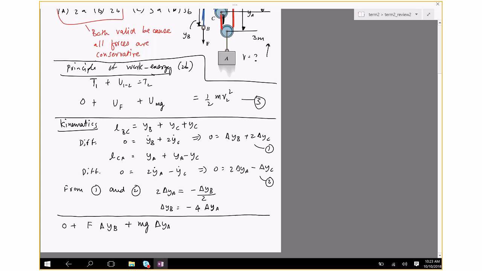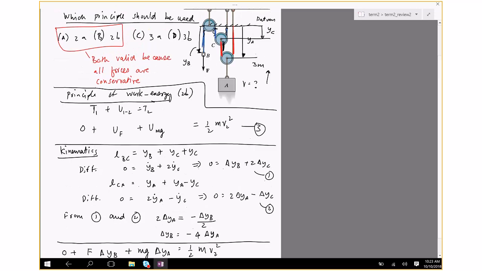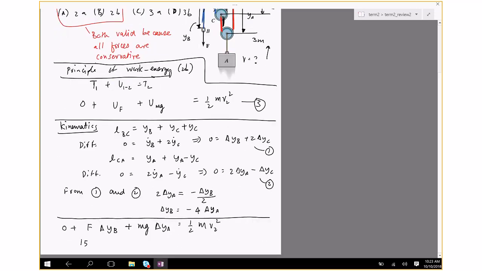That's the convention. I'm just sticking to the convention. Equals half mv2 squared. And now is the time when I actually put in the values. So F is 150. Delta YB is minus 4 delta YA plus mg.